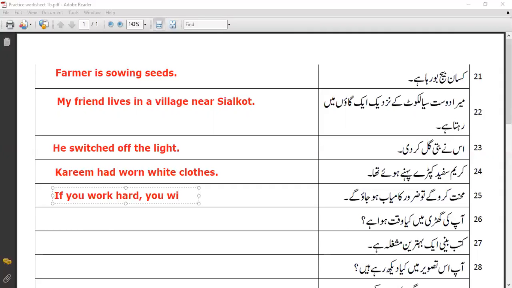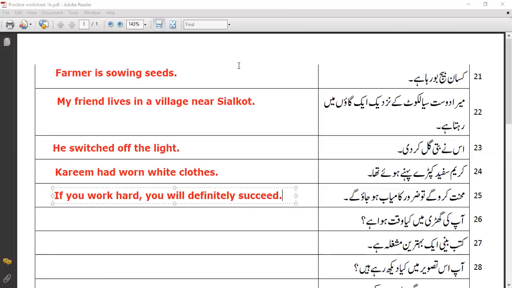Now this part of the sentence from here will be simple future. Okay, you will definitely, because they are saying zarur, that is why we are writing definitely, otherwise there was no need of it. If you work hard, you will definitely succeed. Okay, कामयाब हो जाओगे, you will definitely succeed.